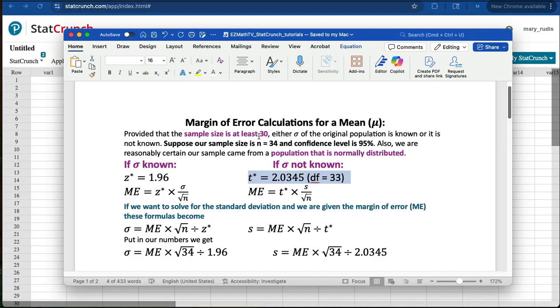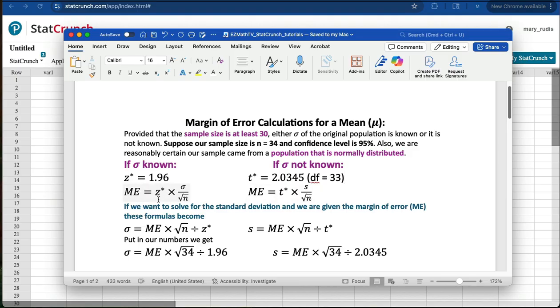Okay. So there are some formulas that I've typed on the screen for you. I know that when we're in StatCrunch, we don't need to be calculating these things by hand, but you never know when you might encounter a question where you need to calculate one of these things. So I'm conveniently giving you the two different formulas for margin of error.